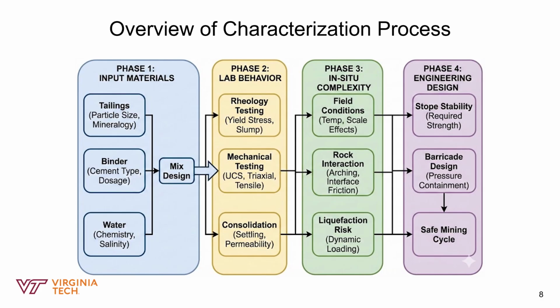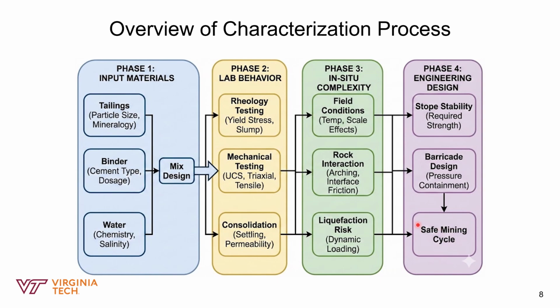And finally, we have phase 4, the engineering design. We use the adjusted data to calculate the stability, to ensure that the backfill doesn't collapse, and also for the barricade design, which is meant to provide support for the backfill. The ultimate goal of this entire process is shown in the final box here, which is safe mining.